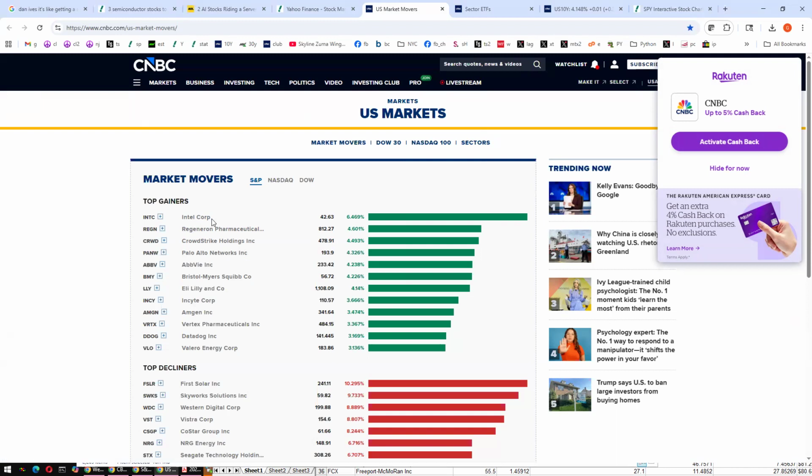Intel's been going up recently because the United States has been providing it assistance to be a local chip manufacturer, and I guess it's the biggest one in America. If something happened to Taiwan Semiconductor, we would have to rely on Intel for a lot of our chip manufacturing.